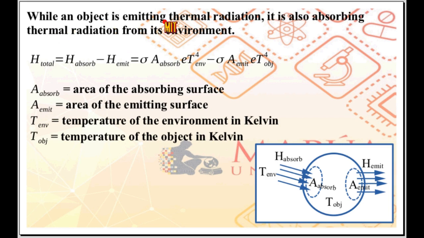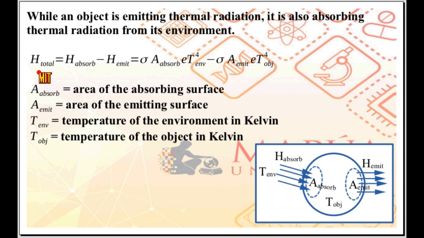While an object is emitting thermal radiation, at the same time, it is also absorbing thermal radiation from its environment. So there are two heat transfer rates associated with the object, H emit and H absorb.